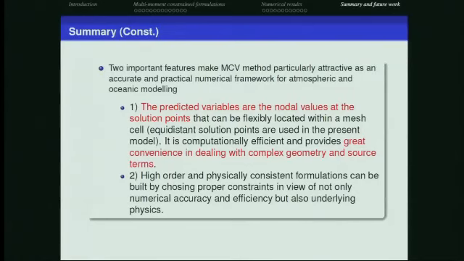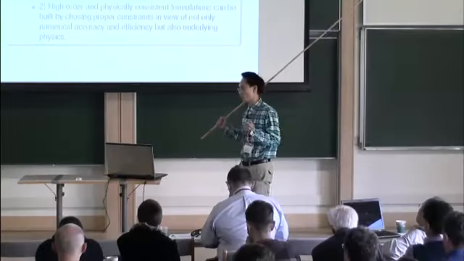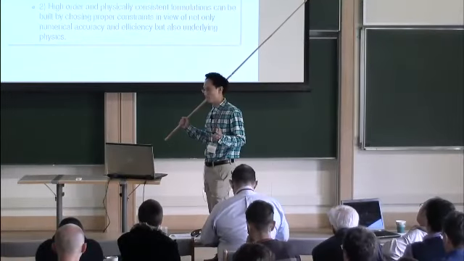One is that our predicted variable is the node value at the solution point. As I mentioned before, this solution point is very flexible, located within a mesh cell. In this study, we used equidistant solution points. In fact, we have also tried Gauss points or Gauss-Lobatto points.